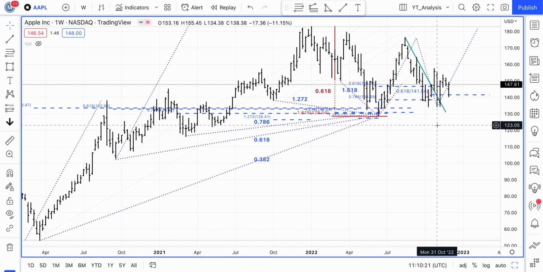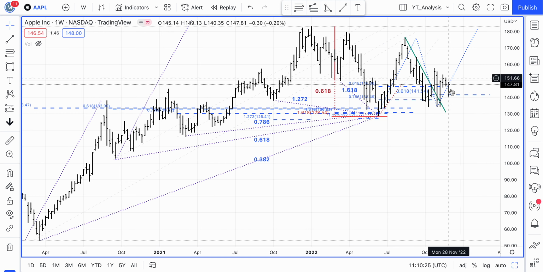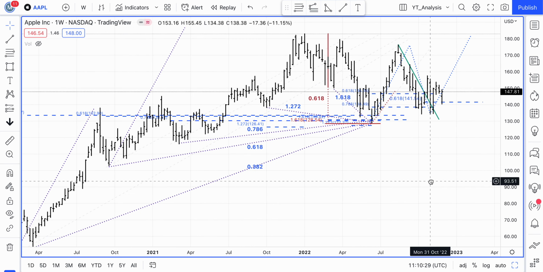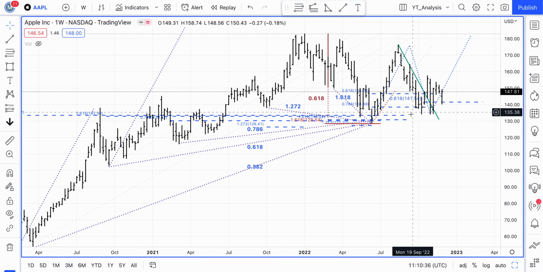So basically price rejected lower prices and formed a double bottom, and since then we have been in this trading range. Another really key pattern formation which we are looking at is this low which we see here. Let me try drawing it like this so it's easier to see.